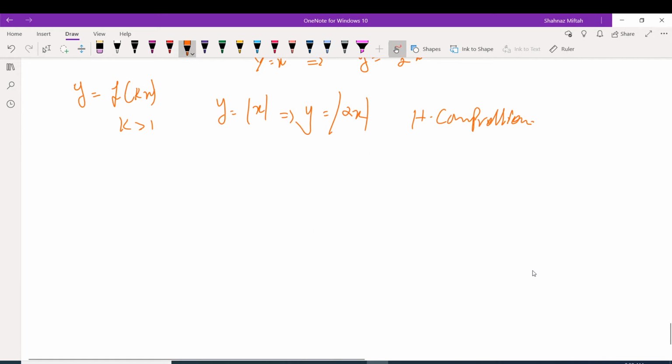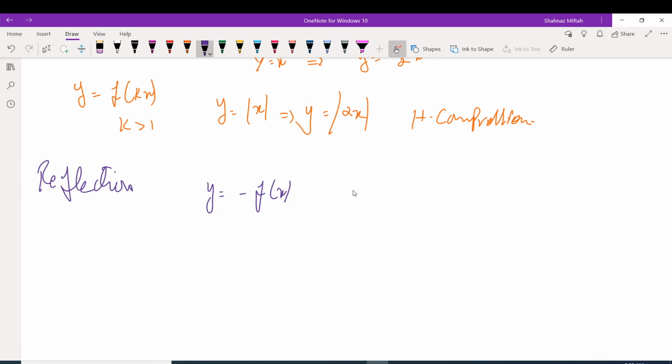Now we have reflection. Let's talk about reflection. The reflection rule is, for example, if I have something like a negative in the beginning of the function, then this means I'm reflecting across the x-axis.